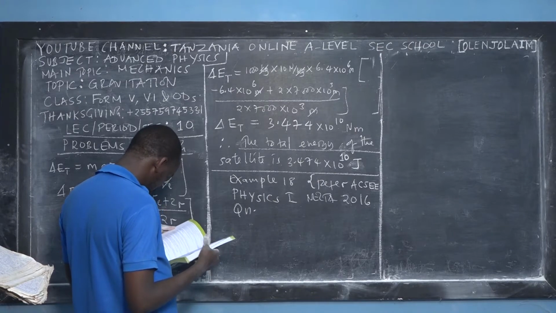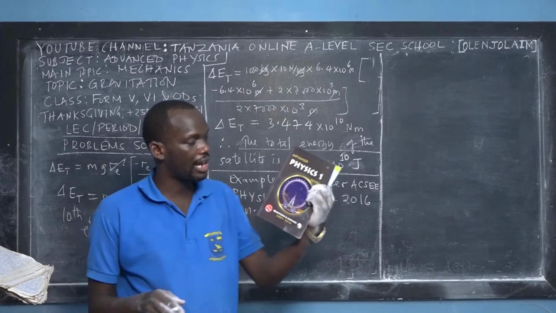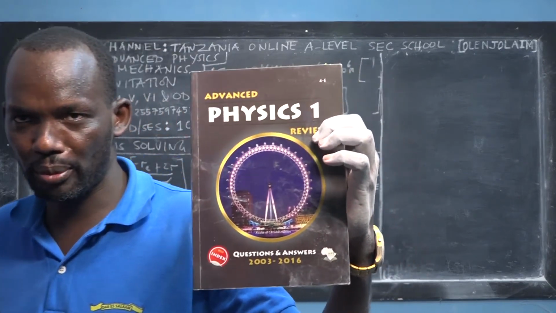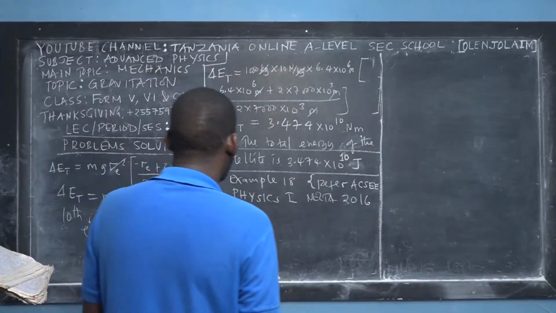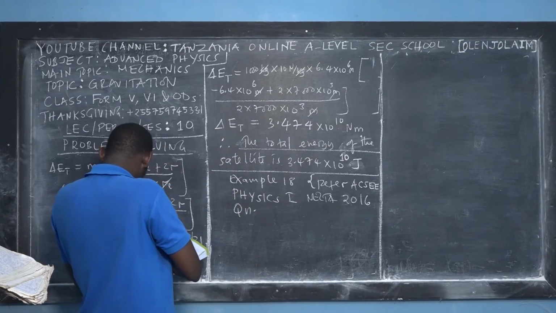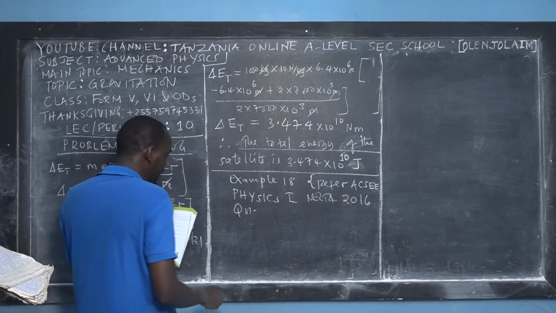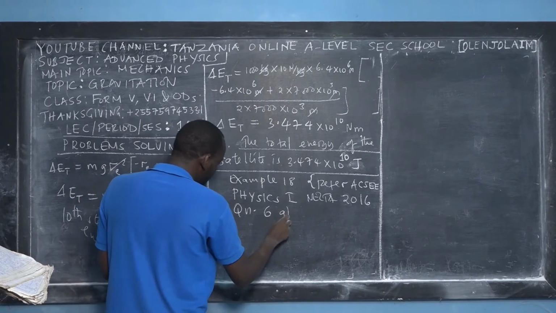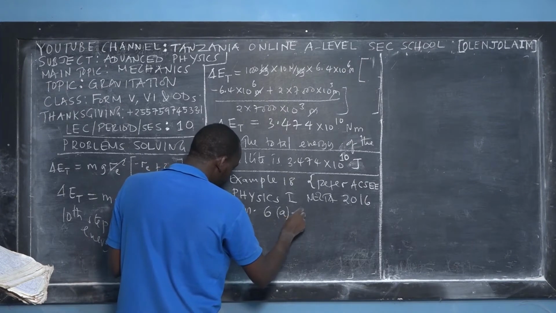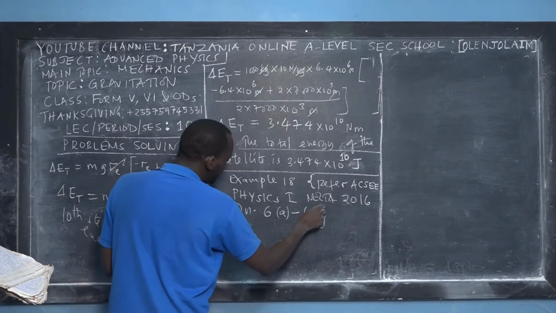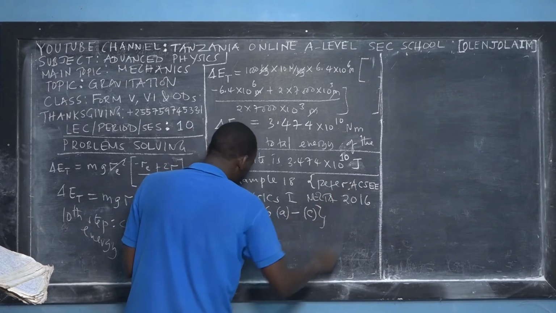That is a very good reference book. So make sure that you have this review book in order for you to solve many problems of gravitational mechanics. So in this year, they asked the question of gravitational mechanics as question number 6, and it has 3 Romans, Roman A, Roman B and Roman C.